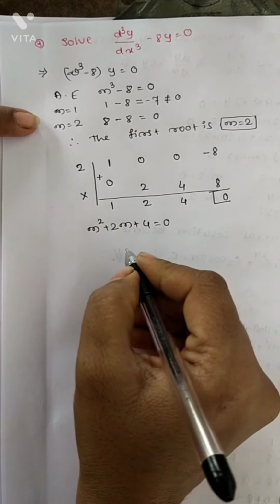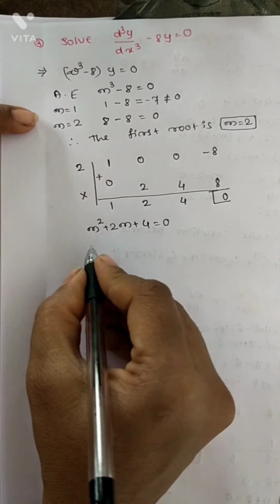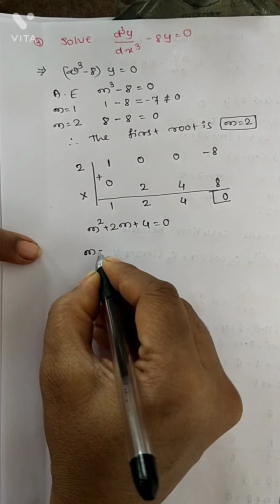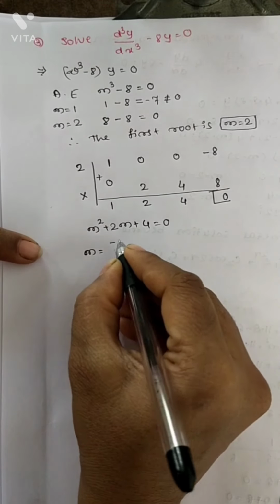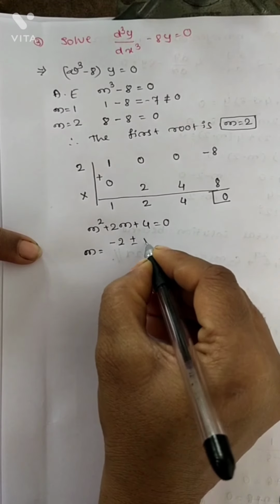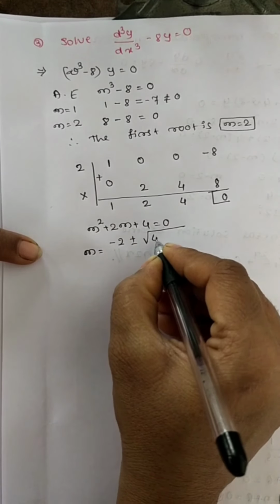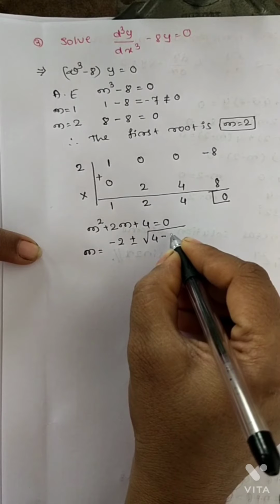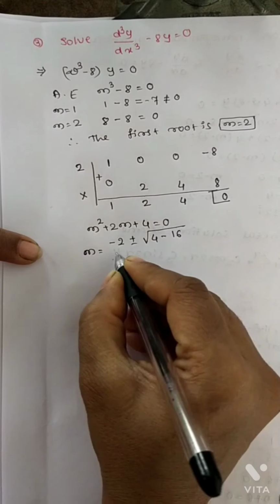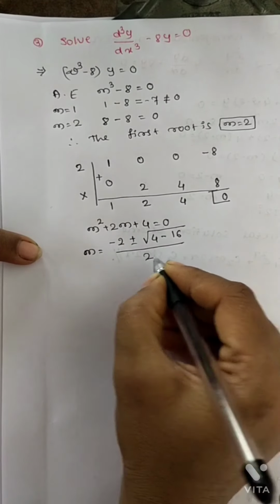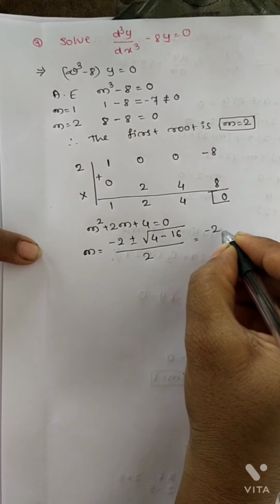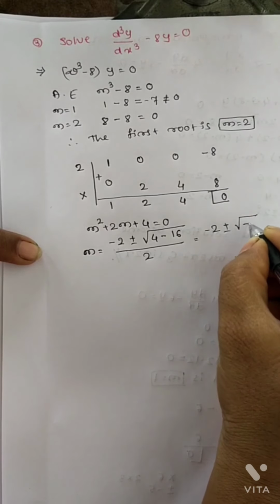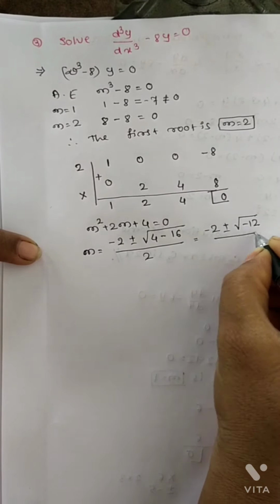Here we got the quadratic equation. We are not able to factorize, so apply the formula: minus b plus or minus square root of b square minus 4ac, divided by 2a, is equal to minus 2 plus or minus square root of minus 12 divided by 2, is equal to minus 2 plus or minus this.